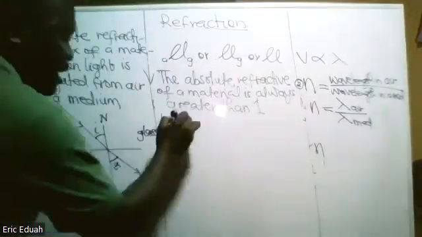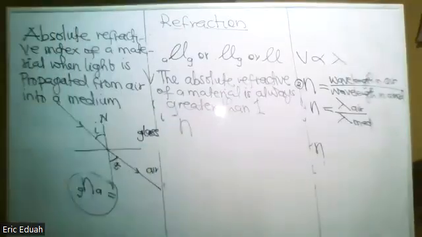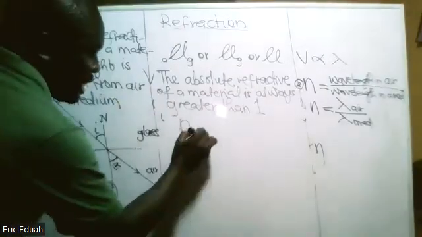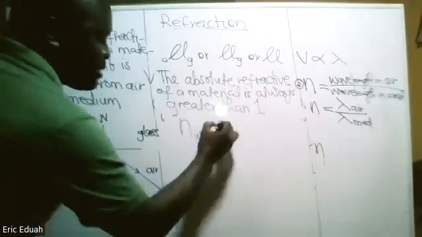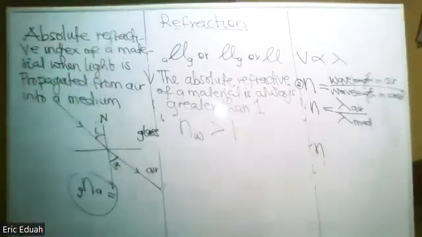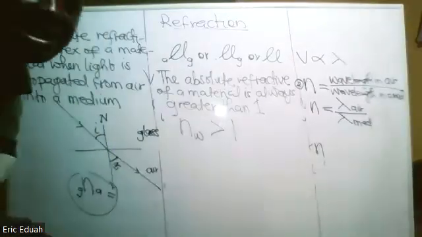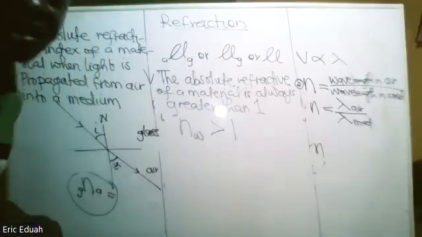So if we are talking about the absolute refractive index of water, this must be greater than 1. If the value is less, then it means it isn't absolute refractive index.